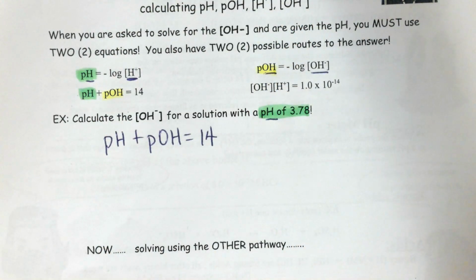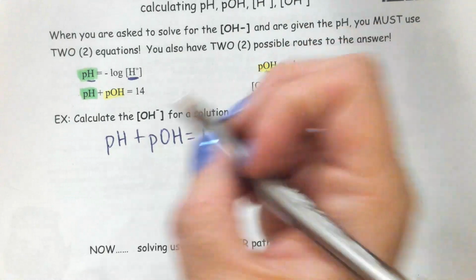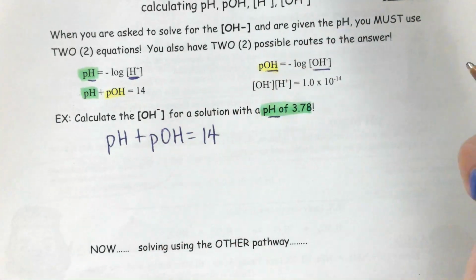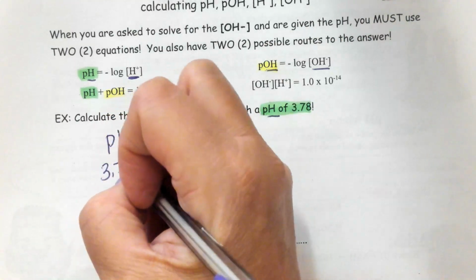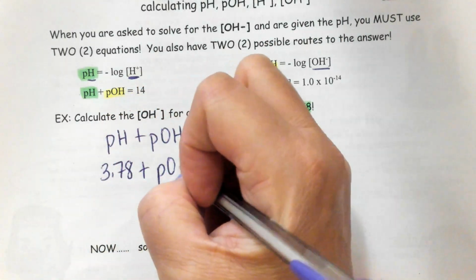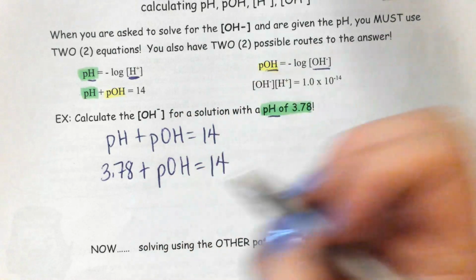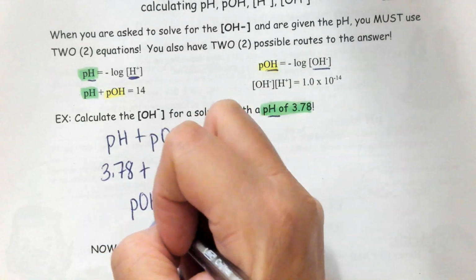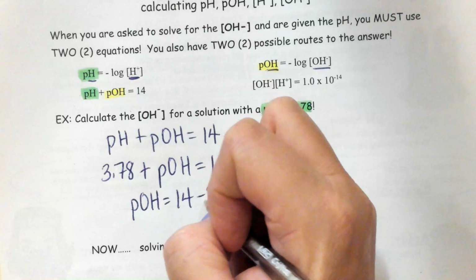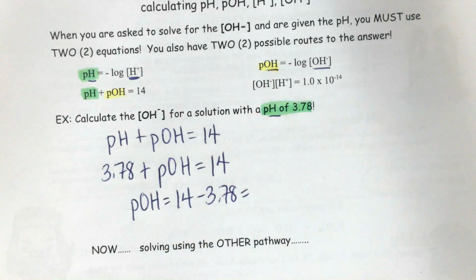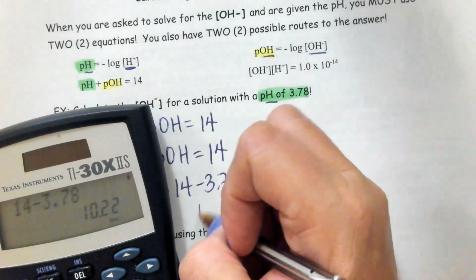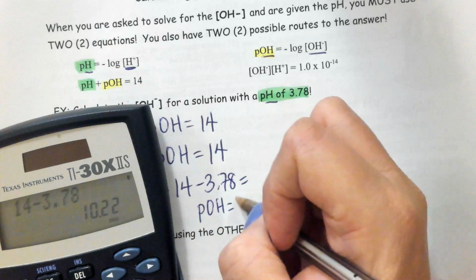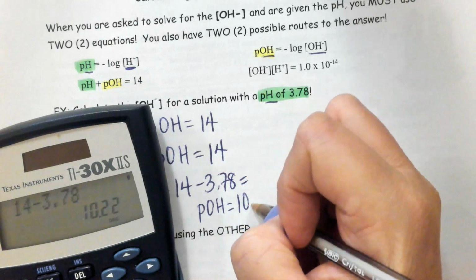So here's how we go. pH plus pOH equals 14. We can plug that in. The pH is 3.78 plus the pOH is 14. To get pOH, I'm going to take 14 minus 3.78, and that gives me pOH equals 10.22.